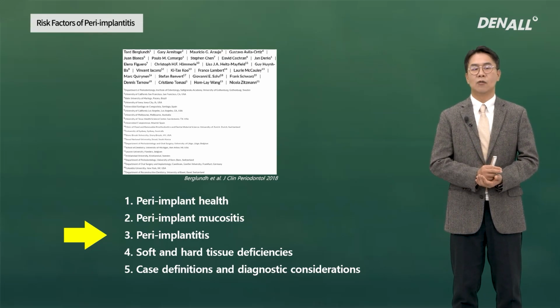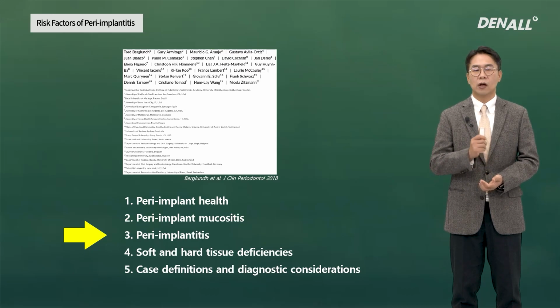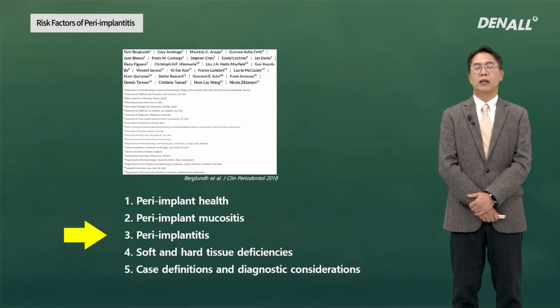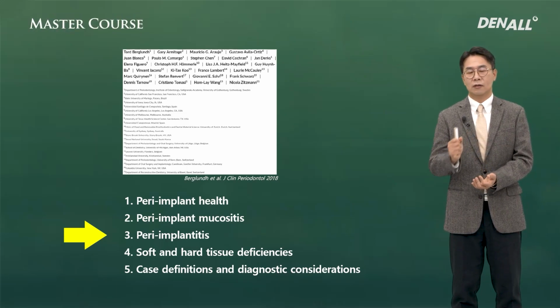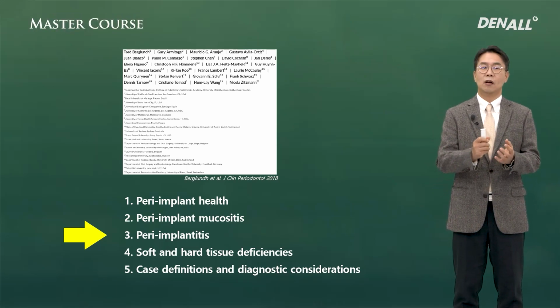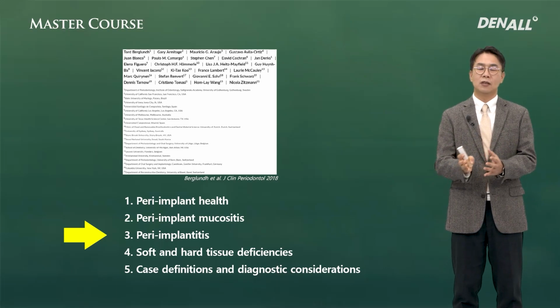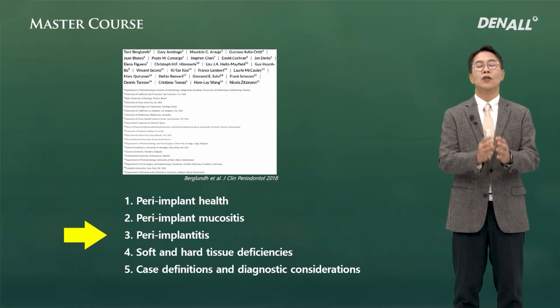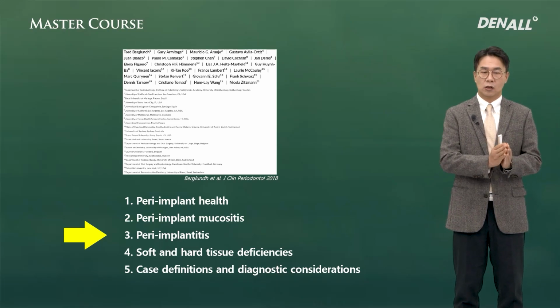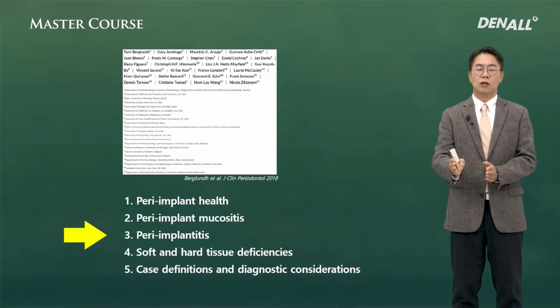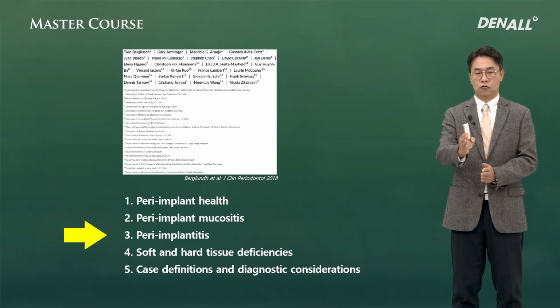They talked about peri-implant health, and they defined it. When we define a disease, we consider when the disease is developed and what the healthy condition is. So the healthy condition is defined, followed by the definitions of peri-implant mucositis and peri-implantitis.